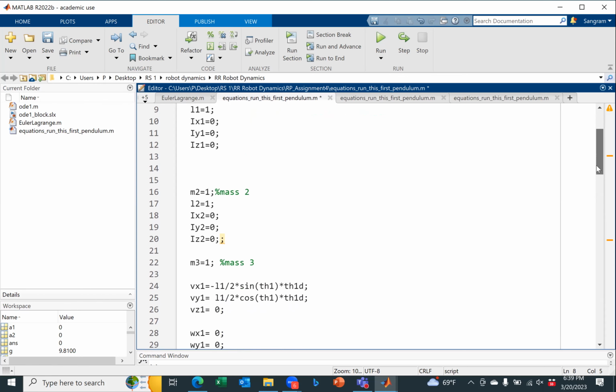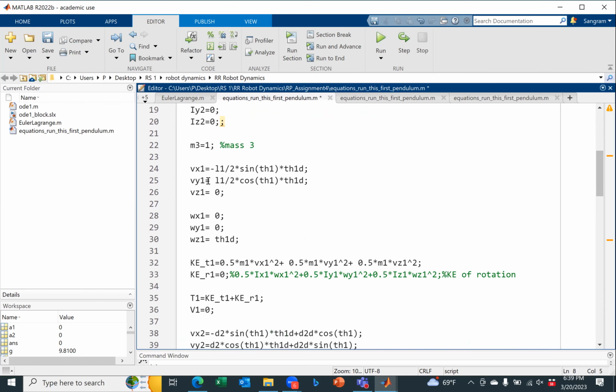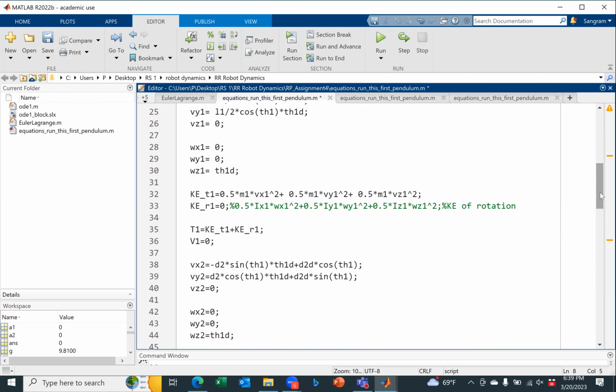And then what you do is you find out Vx1, Vy1, then you find out the kinetic energy of translation, you find the kinetic energy of rotation. Then you go on to the next part, Vx2, which is the kinetic energy of translation for the second mass. For the first mass, since there is nothing, this will be 0.